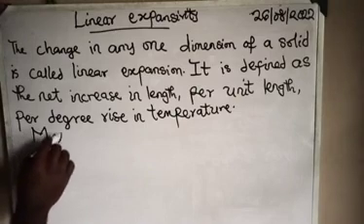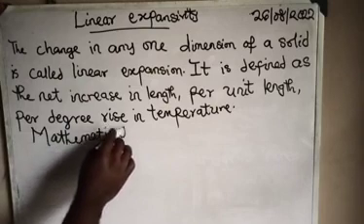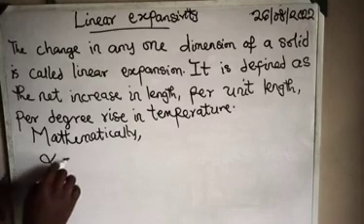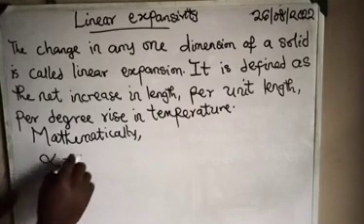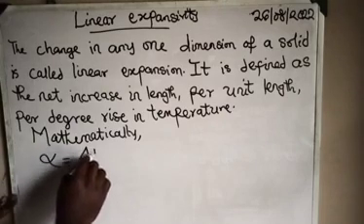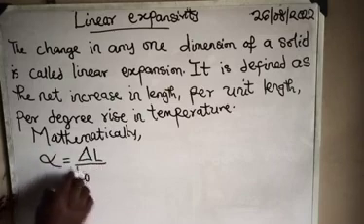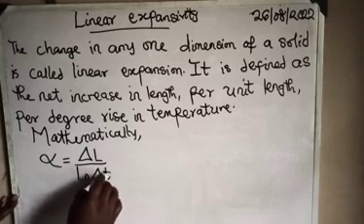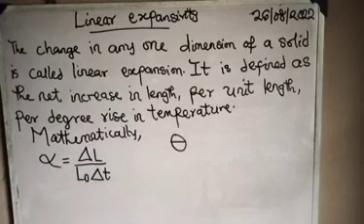Mathematically, alpha, which stands for the coefficient of linear expansion, is given by the change in length, that's delta L, all over the unit length, that's the original length, and then per degree rise in temperature, that's the change in temperature. I can use T, but some books will use theta as the temperature sign.